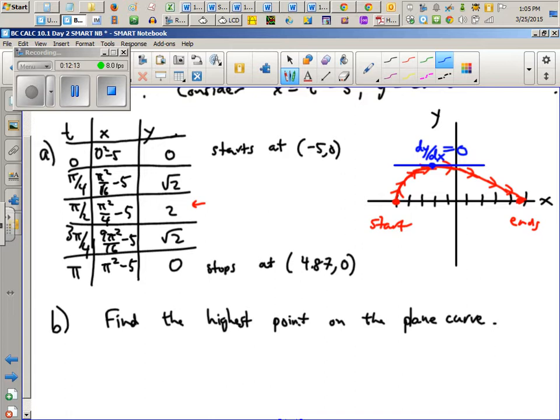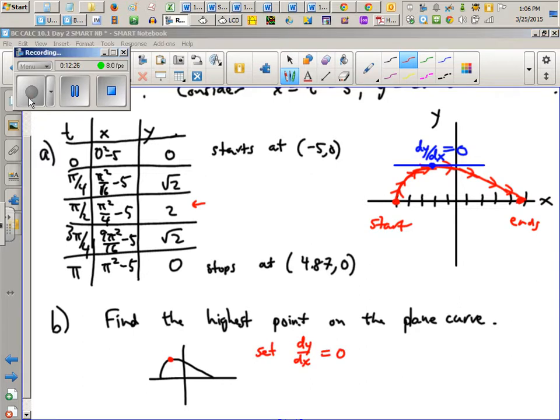So I want to find that point right there. I'm going to set dy dx equal to 0, and you'll notice that the formula for dy dx is a little more complicated in this chapter. Dy dx is actually dy dt over dx dt.